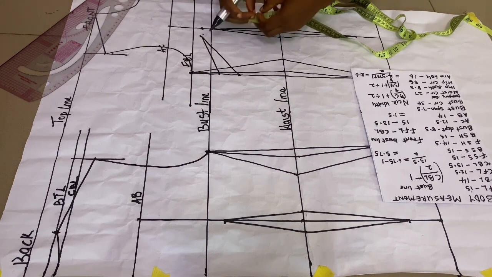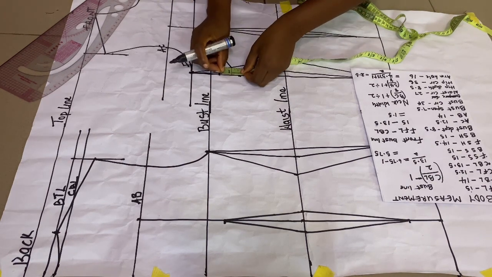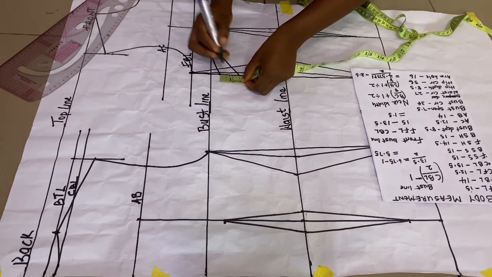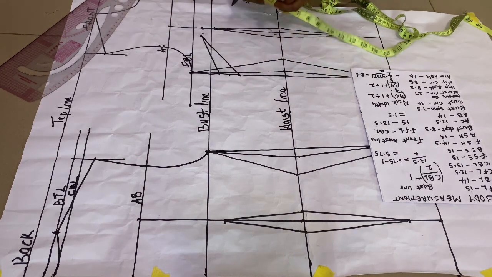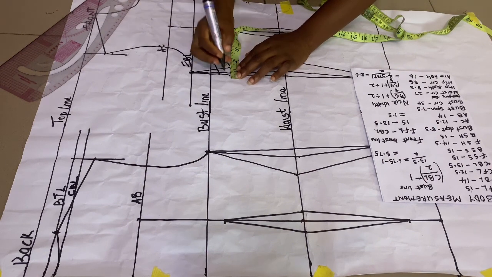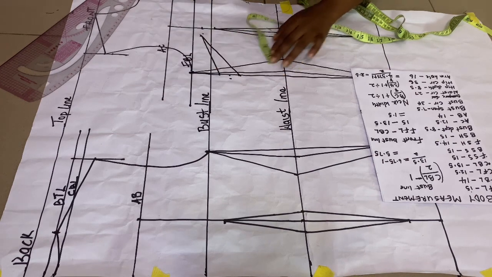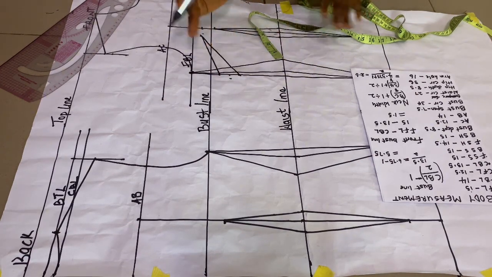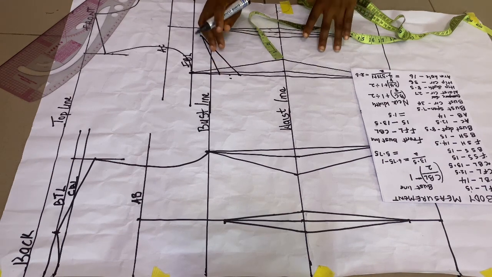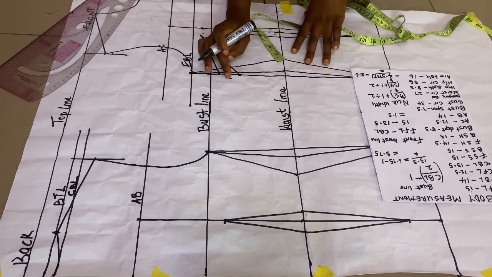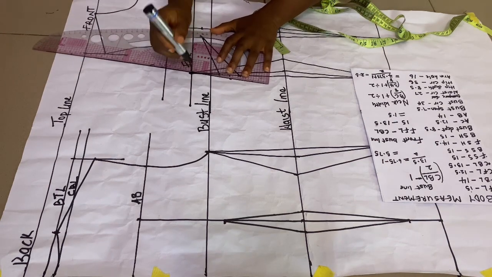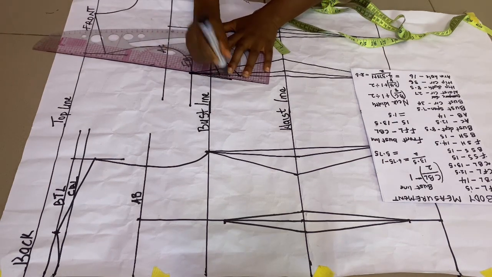Another thing you need to know, you just mark a point here in between this 1.5, which is 0.75. Just mark a point here and come out by 0.2 or 0.3 inches. This point here is just so that after folding the dart, you will not have shortage of your fabric or the paper. That's why you're coming out by that amount, and you connect it back to the bust line.